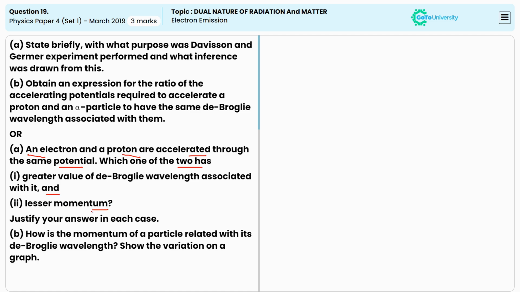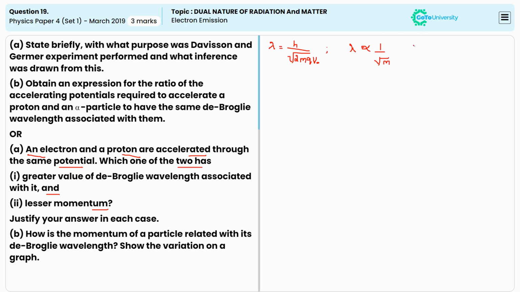As we know from the previous video, lambda is equal to h divided by under root of 2 m q V0. This indicates that lambda is inversely proportional to the square root of the mass.